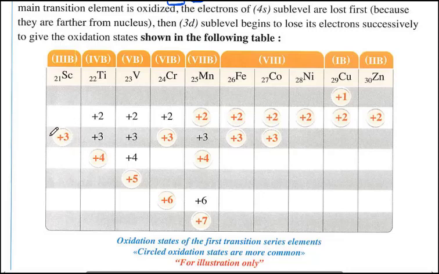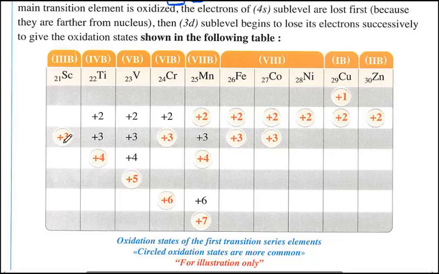The only main transition element, typical transition element, which has only one oxidation state is scandium. It is not zinc. Zinc is not considered a typical main transition element, but scandium is considered a main transition element, and the only oxidation state for it is positive 3.